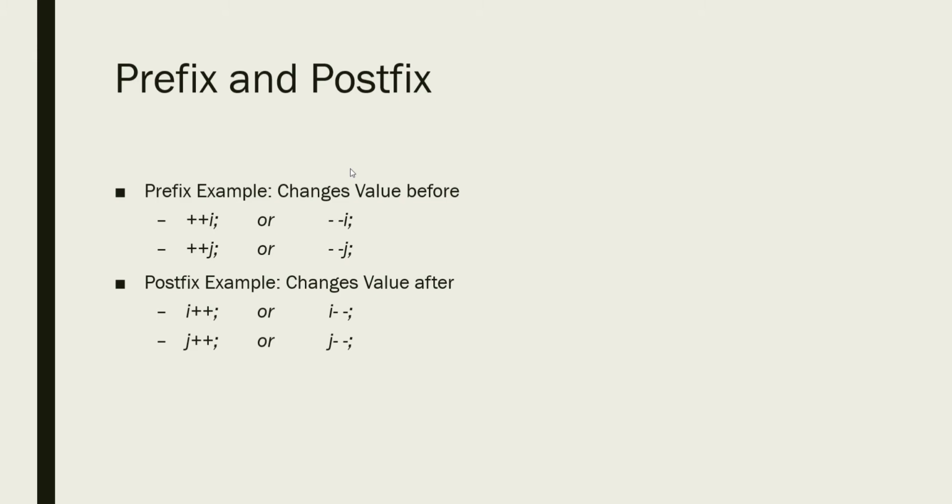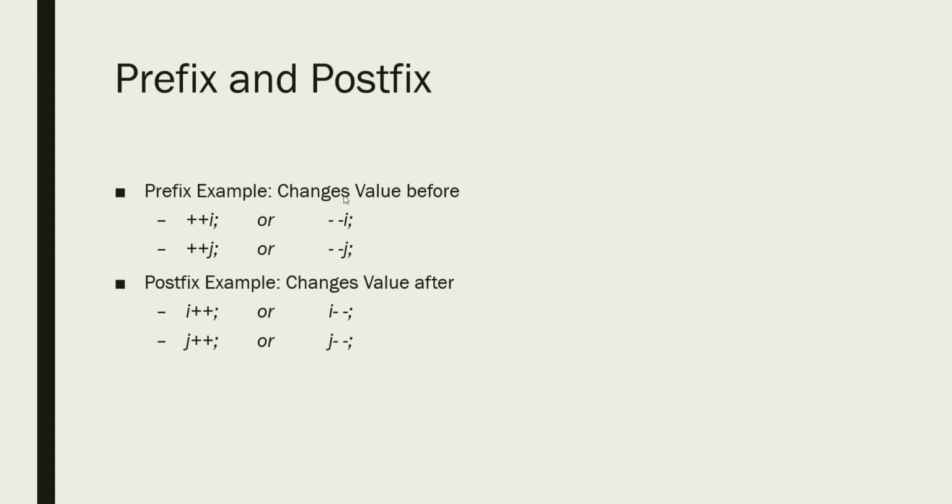So there are two different types: prefix and postfix. Prefix is when you put it on the left side, plus plus i on the left side, or minus minus. Here's just another example. And then there's postfix, which is on the right side. So prefix changes the value before the operation takes place.